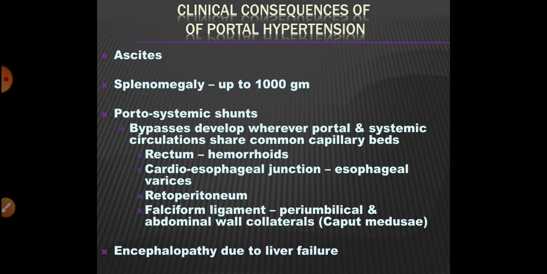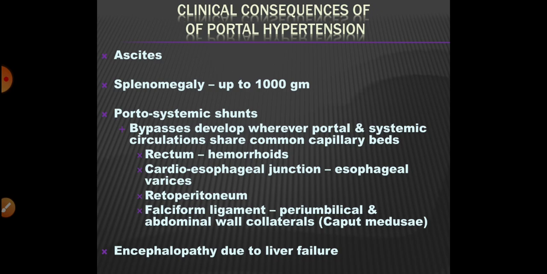They may develop at the cardioesophageal junction, where the patient will develop esophageal varices, and rupture of these varices can cause heavy bouts of hematemesis and sometimes lead to death. And around the falciform ligament in the umbilical region, causing caput medusae.